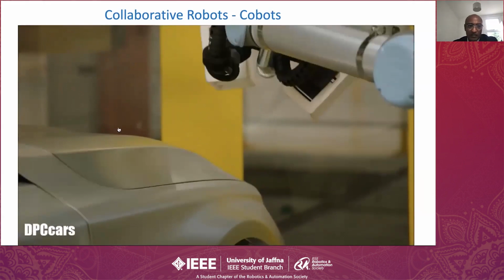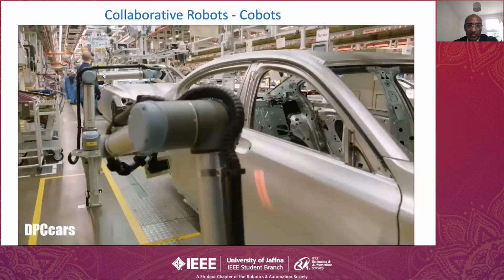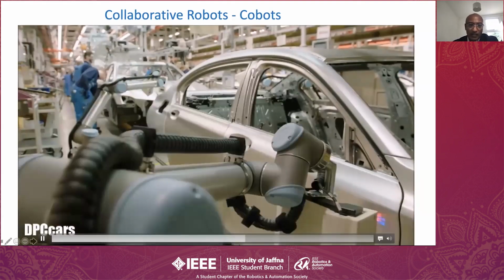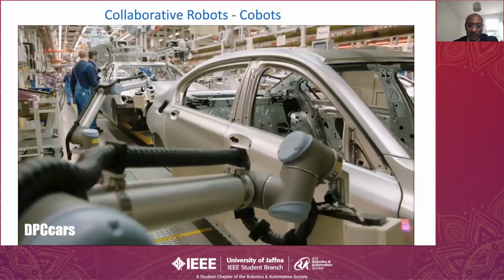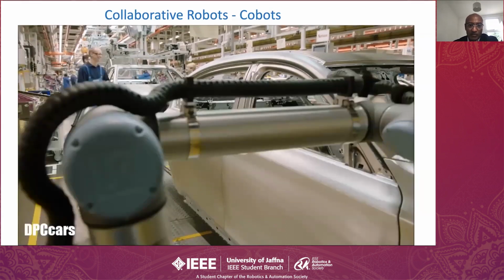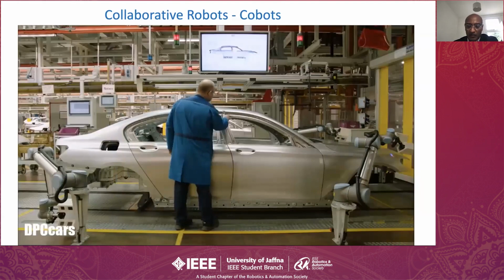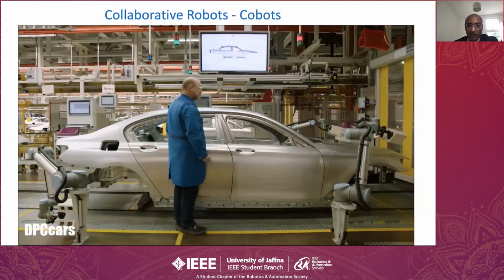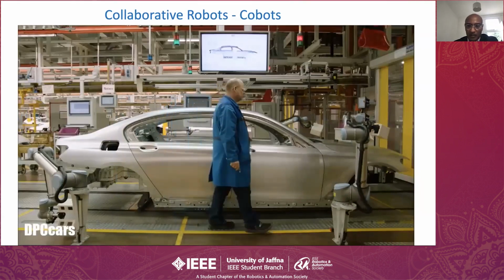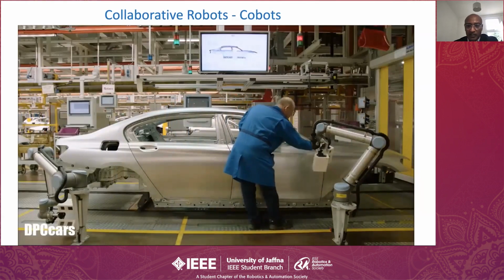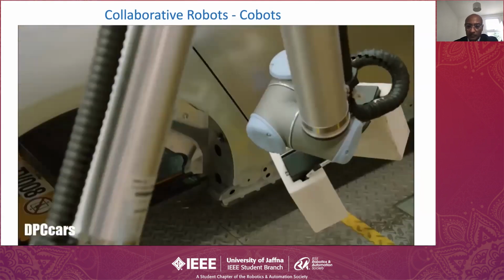You can see these people working around, just like in a normal live environment. So collaborative robots are picking up very fast, and most of the work cells are being used or remodified or repurposed for this kind of robots to work. So this person is feeling very safe around them, right?